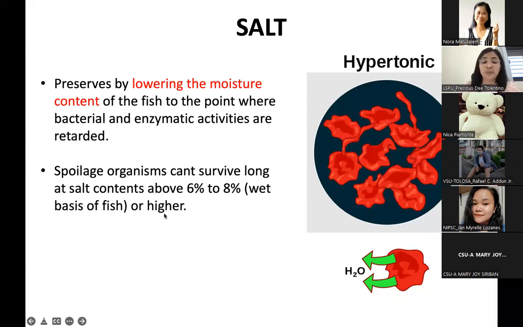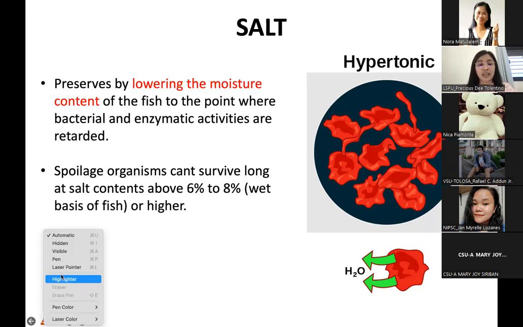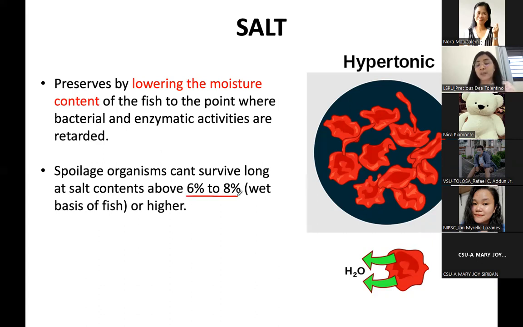It's because, remember, spoilage bacteria or generally bacteria, they need water in order to survive. So if you put salt, especially at these high concentrations, naturally, si bacteria, hindi siya makakasurvive. Okay, so tandaan nyo yan, itong mga numbers na ito, 6 to 8%.